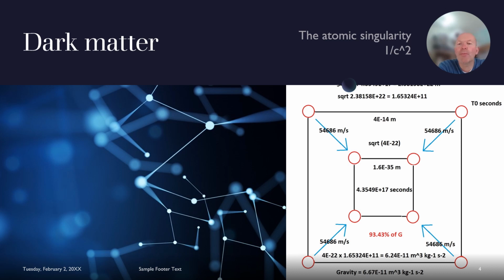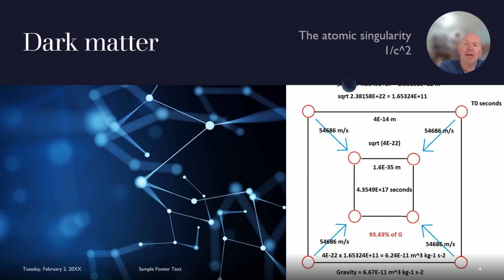So the multiplication of the number obtained from the speed of that inward trajectory versus the number of seconds in the universe, multiplied by the starting position and the finished position, giving the 4e to the negative 22 of a meter, we end up having a number that is 6.24e to the negative 11. And that looks very, very similar to gravity as a number.